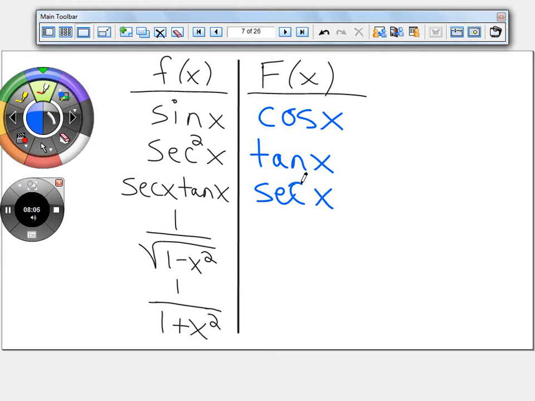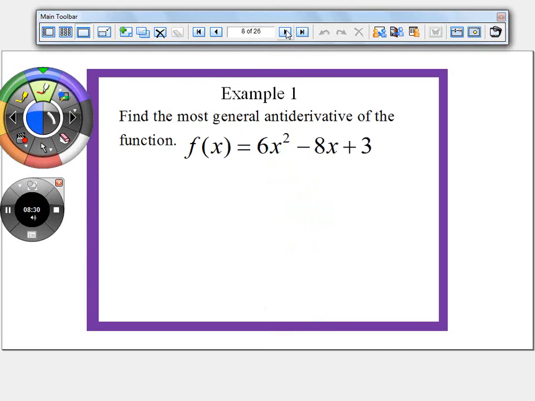And then you might remember your inverse trig derivatives a little bit. So the one that goes with this is the inverse sine of x. And then remember this one, 1 over 1 plus x squared. You might remember that this is inverse tangent x. So that's your list that you want to commit to memory.